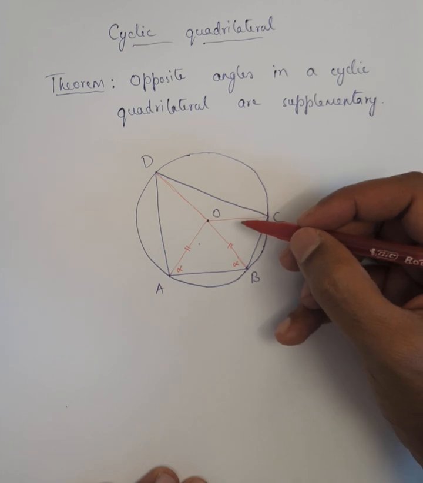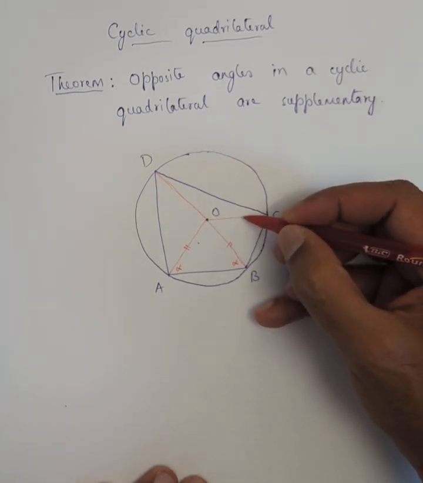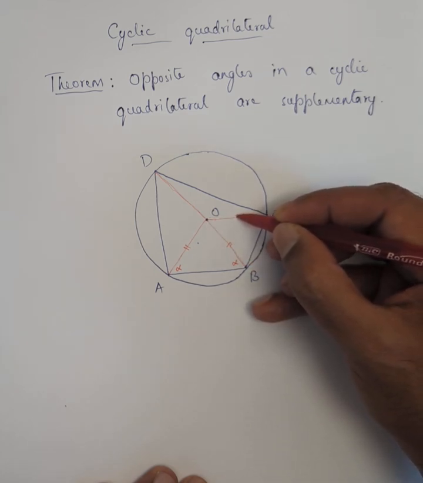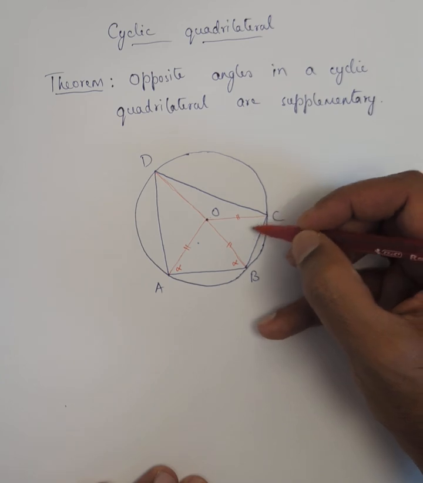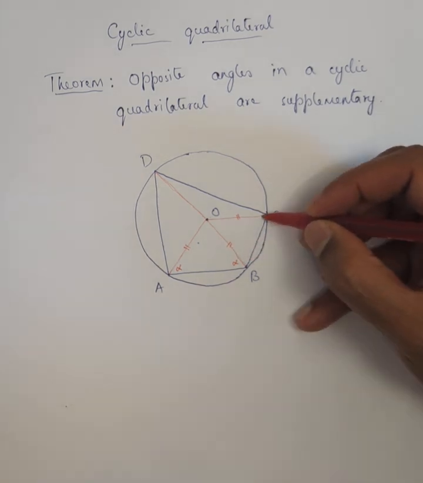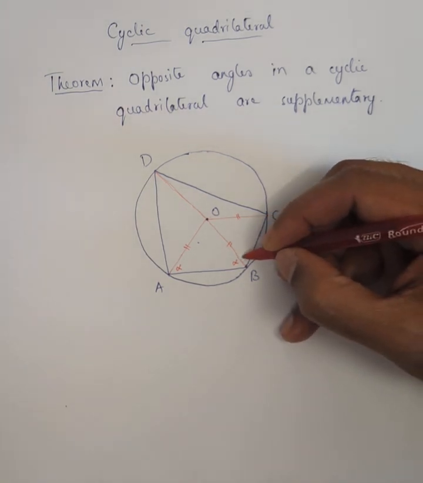All right, now let's focus on triangle OBC. In triangle OBC, we have equality of these two sides, which means these angles must be equal. Now, they don't have to be equal to alpha, but they will be equal.